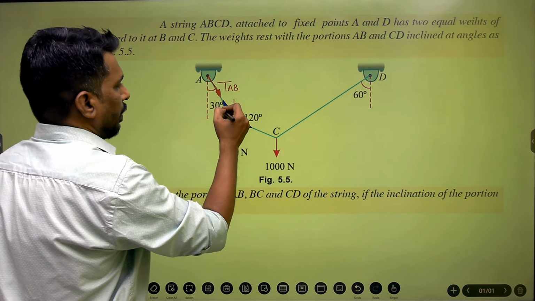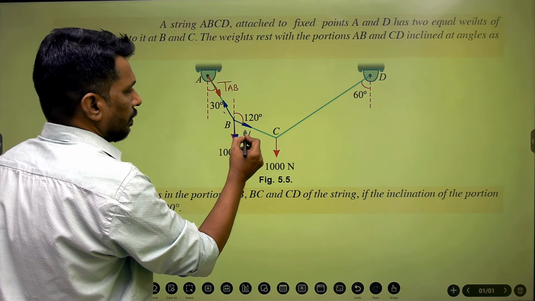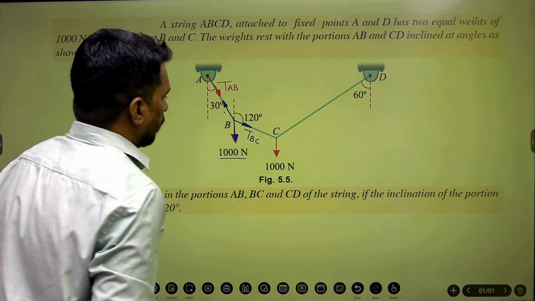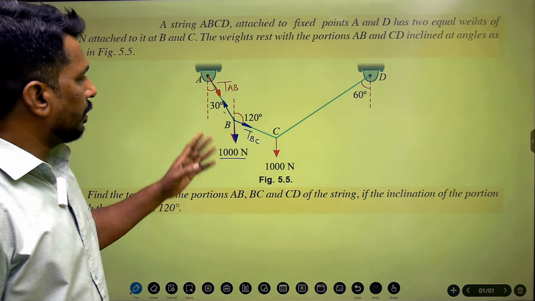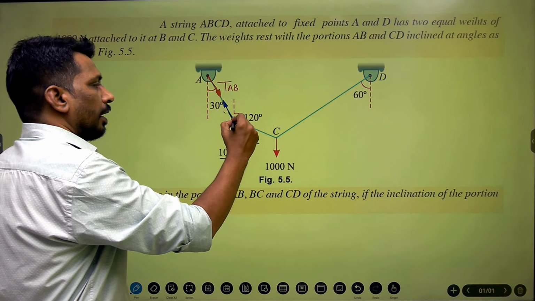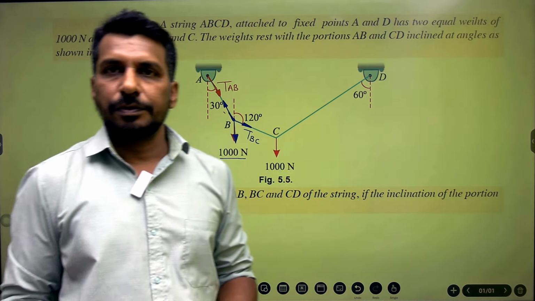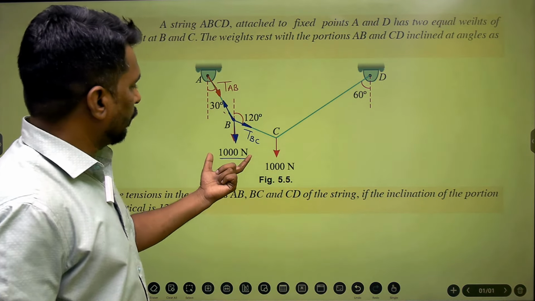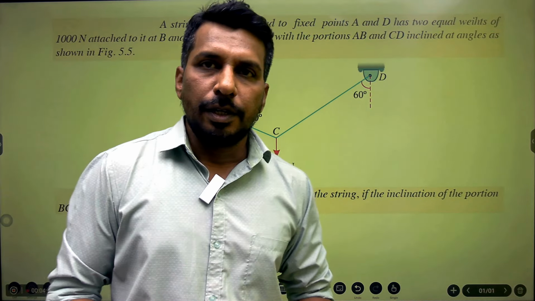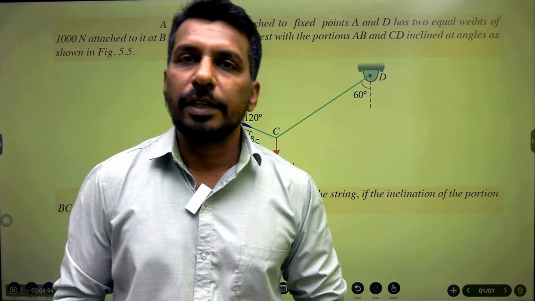So this is TAB, this is TBC, and this is 1000 Newton. At point B, you can see there are three forces passing through it, and they form a concurrent force system. Out of that, one force is known to you, that is 1000 Newton, and all other angles you can easily calculate. So point B can be considered for further calculation.